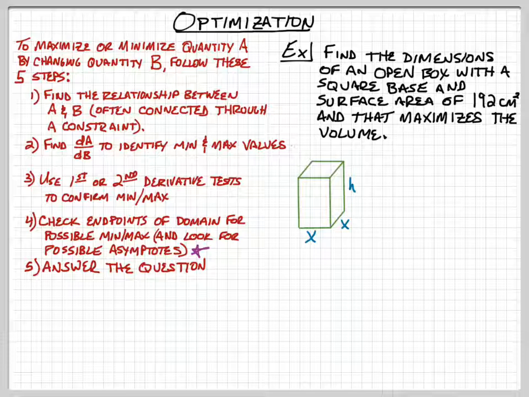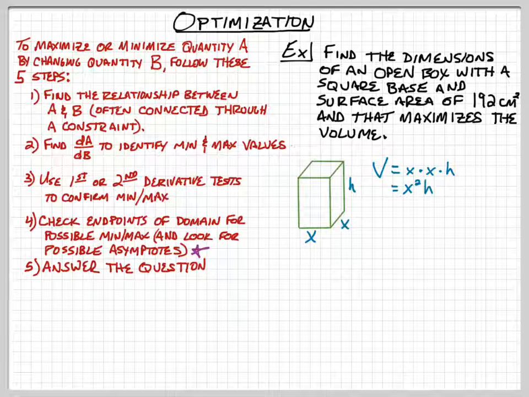The base is a square, so the dimensions are x and x because they're the same length. Then we've got the height of the box, which we'll call h. Our volume is length times width times height, so that's x times x times h, or x squared h.